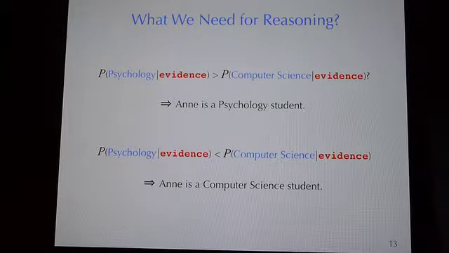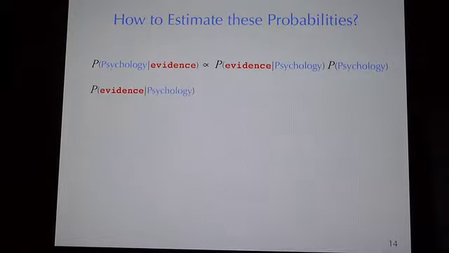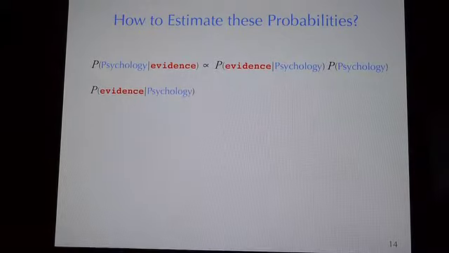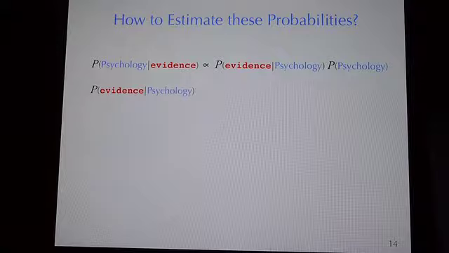If the probability of psychology given this evidence is higher than the probability of computer science given this evidence, then we can say that it's more likely that Anna is a psychology student, and the other way around. But what do we need for estimating these probabilities? As I said before, Bayes' rule tells us that in order to estimate the probability of Anna from psychology, given the evidence, we basically need two other probabilities: the likelihood of evidence, assuming that Anna is from psychology, and the prior probability of Anna being a psychology student, in the absence of any evidence in hand.